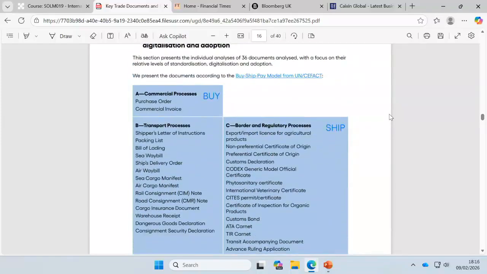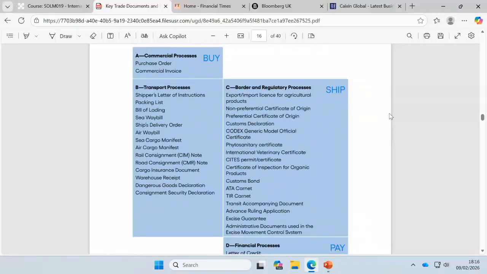So if we think about commercial processes, a purchase order, a commercial invoice, we can think about transport processes. On the right, these are typically your private law transport documents. On this side, these are typically regulatory documents that have to be addressed as part of cross-border transit.